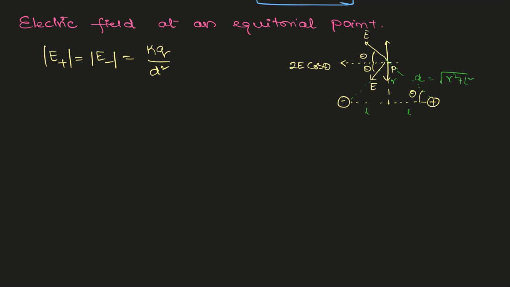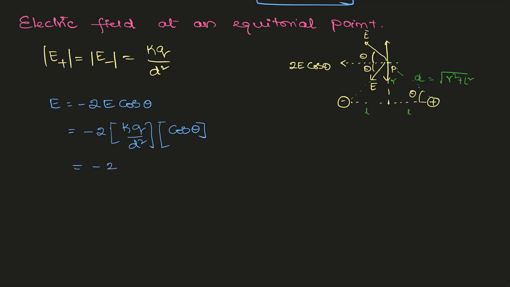That net electric field we can write like this: E will be equal to 2E cos theta with a minus sign because that is along negative x-axis. So minus 2 into kq by d square into cos theta, and cos theta is nothing but adjacent side by hypotenuse.